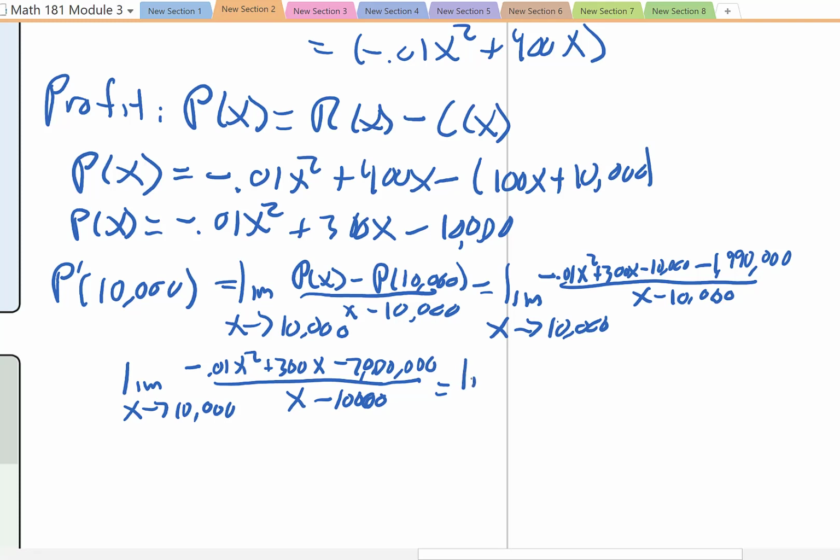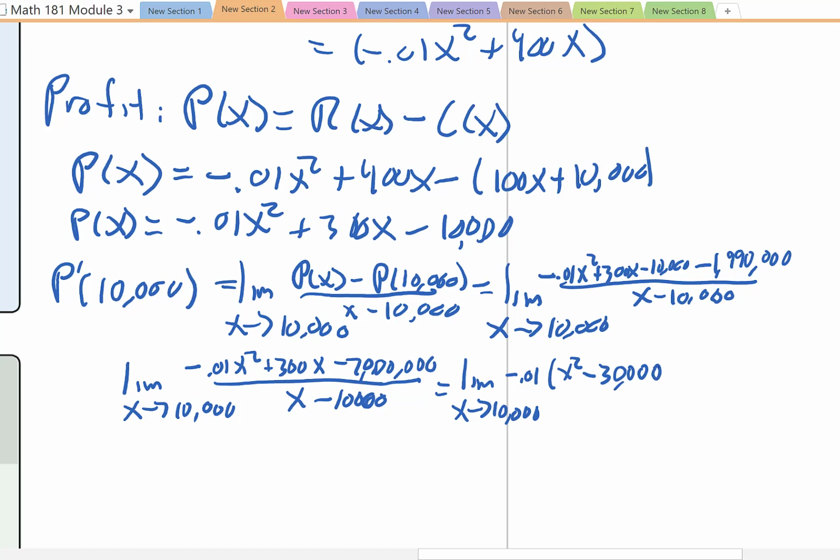And we'd have the limit as x approaches 10,000 of negative 0.01 times, then we have x squared, and then we have 300 divided by negative 0.01, so that'd be negative 30,000. Let me verify that.